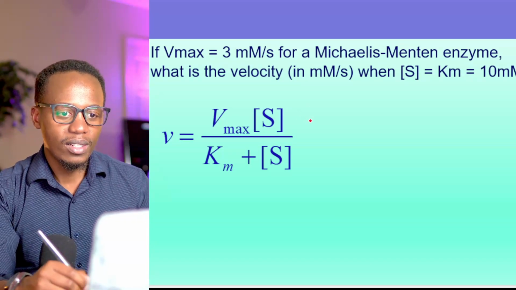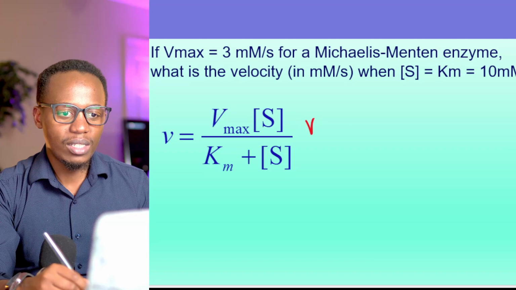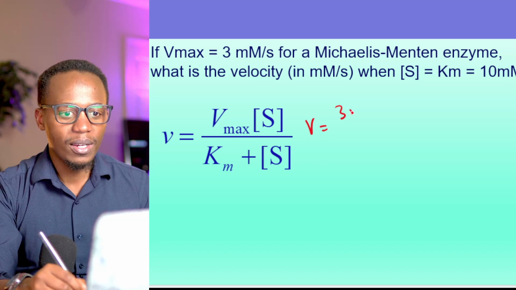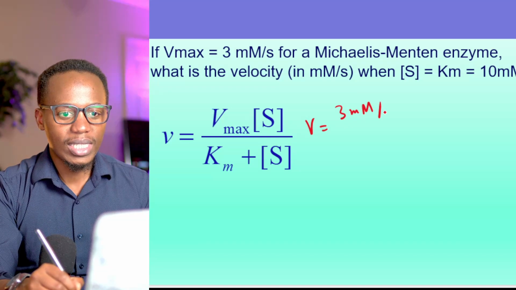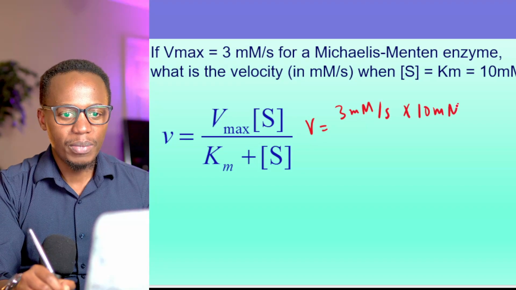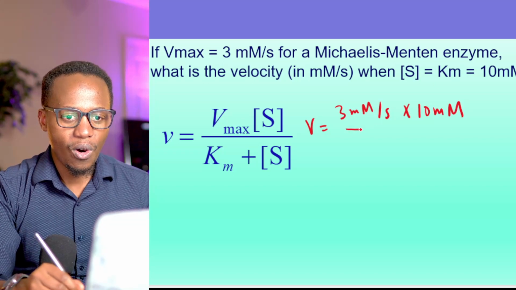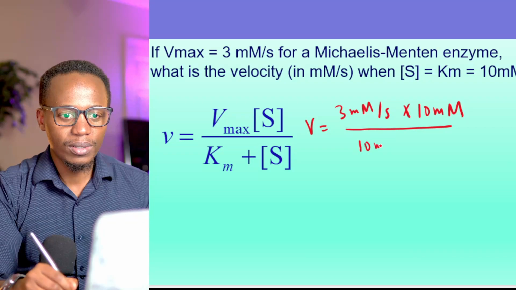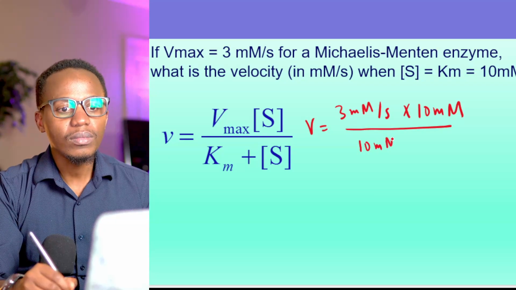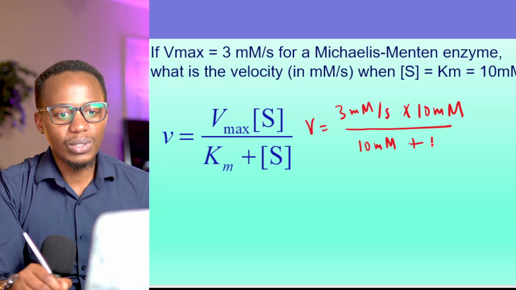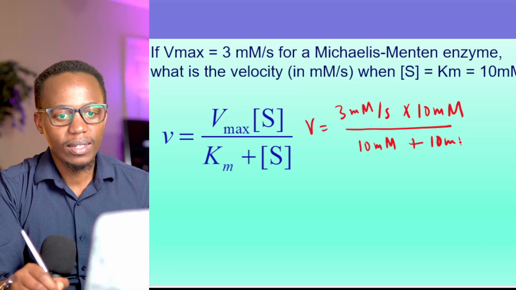The velocity, which is V, which is the rate, is equal to Vmax, which is 3 millimolar per second, times S, which is 10 millimolar, over Km, which is 10 millimolar, plus S, which is also 10 millimolar in this case.